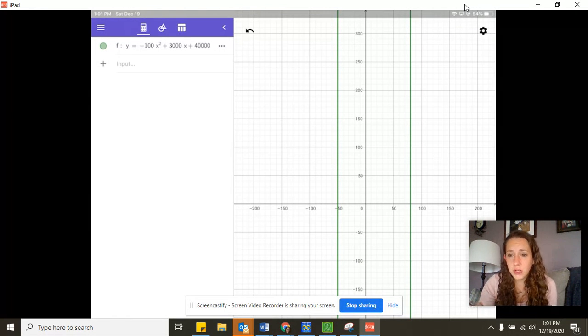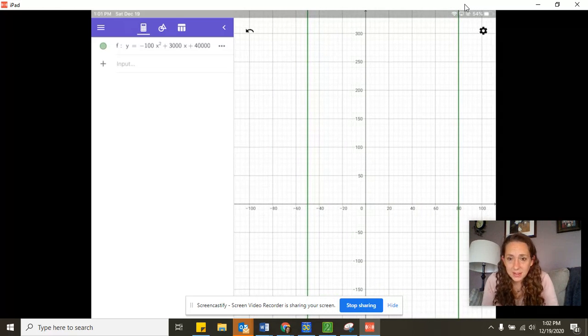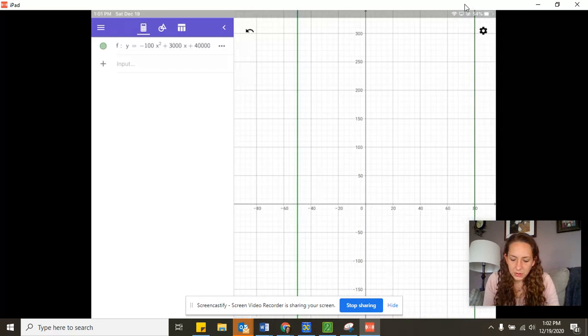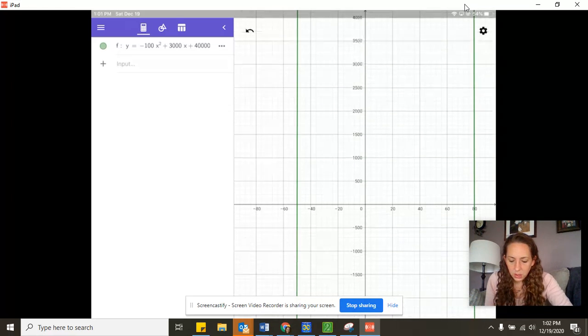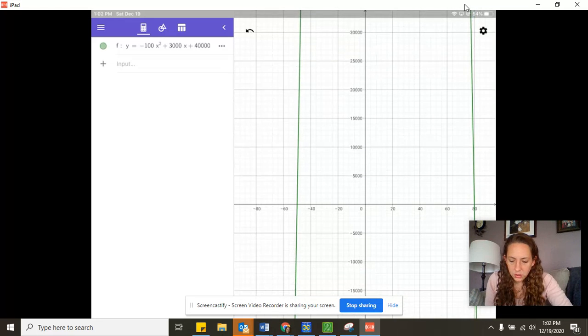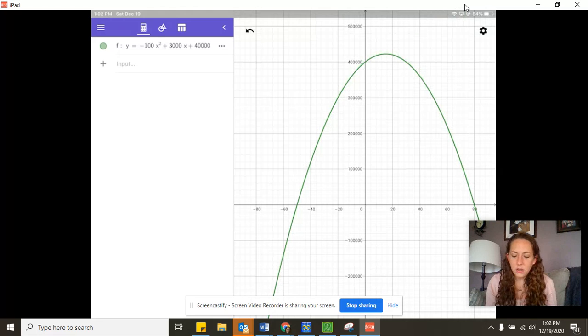So here's going to be the tricky part. If you're on a touch screen, it's pretty easy. You can't see what I'm doing, but I'm putting both fingers on the x-axis and spreading my fingers apart just on the x-axis. And then I'm going to do the same thing on the y-axis. So on a touch screen, you can zoom each like that.